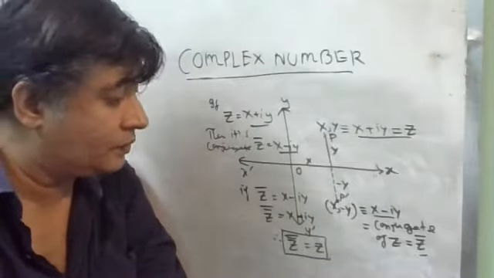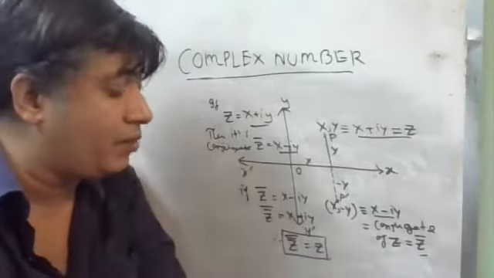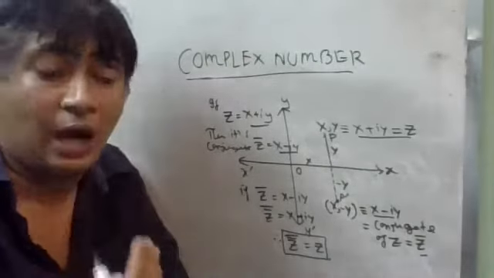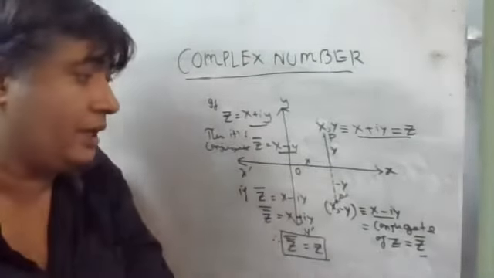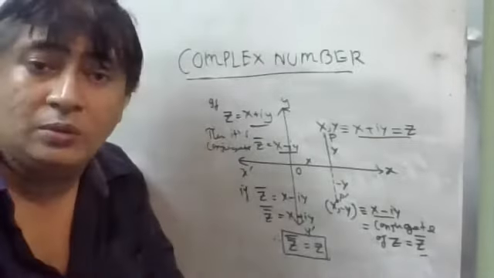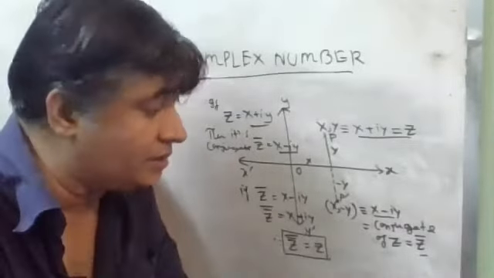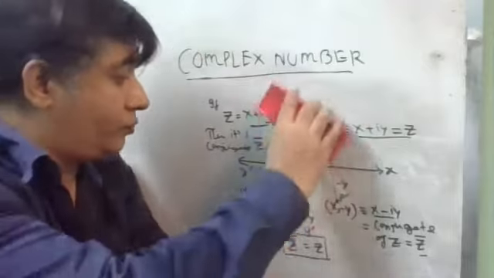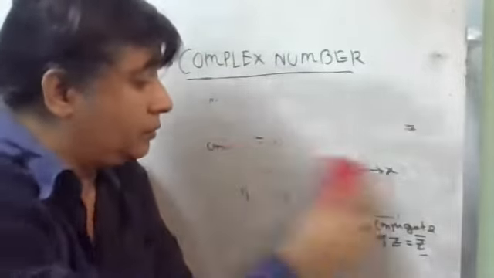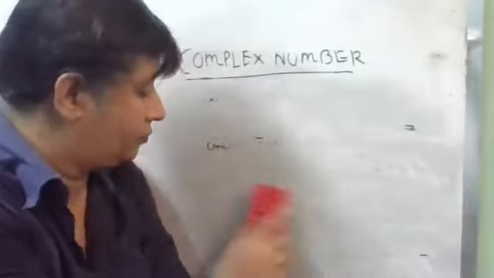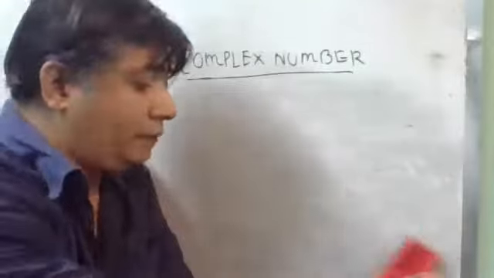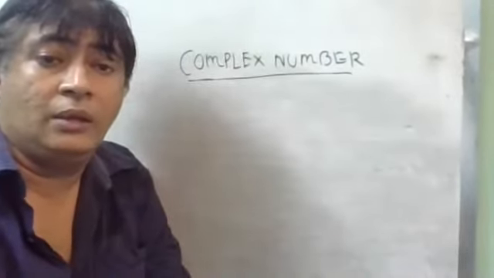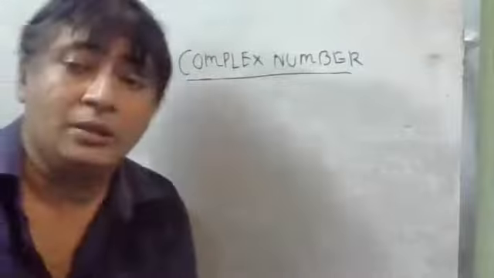So what is a complex number, what is the mirror image, and how it is called conjugate, you have come to know. So I'm rubbing this part, and I'm going to skip to the next topic. That part we were taught, the mirror image.